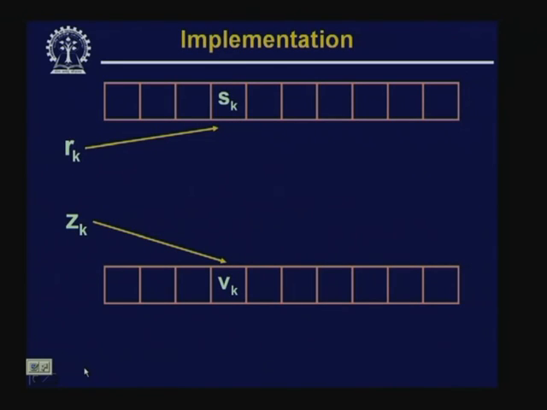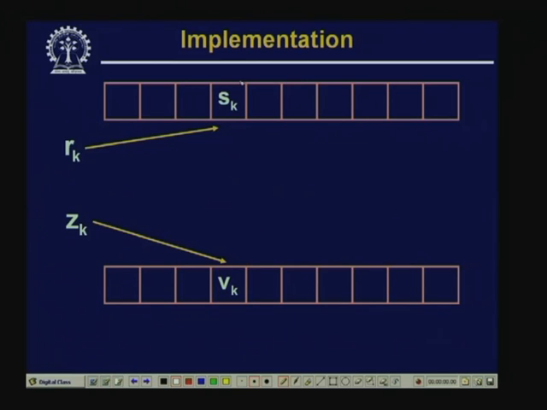I have an array as shown at the top, where the intensity value of the input image r_k is taken as an index to this array, and the content of this array element is the corresponding value s_k. Similarly, the second transformation function G(z) can also be implemented with an array, where z_k is an index to this array, and the corresponding element gives us the value of v_k.